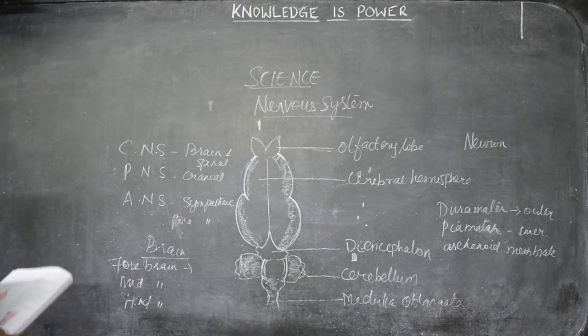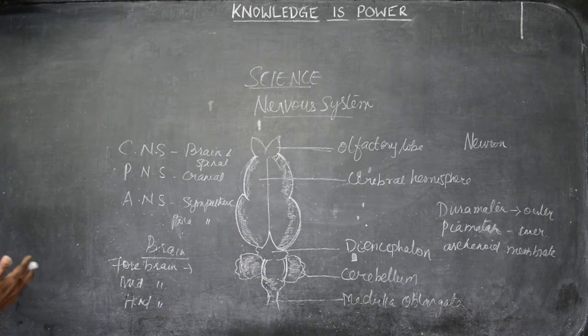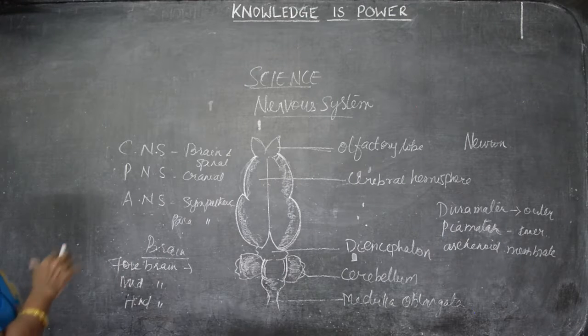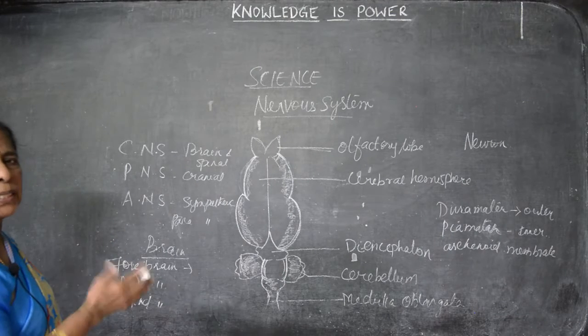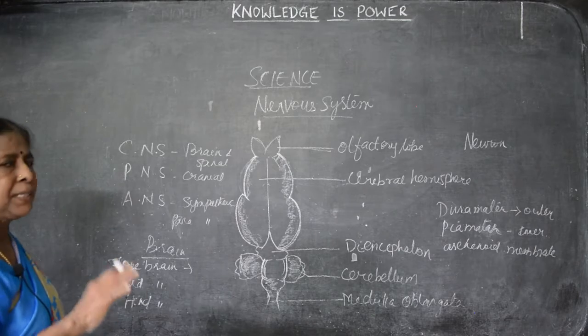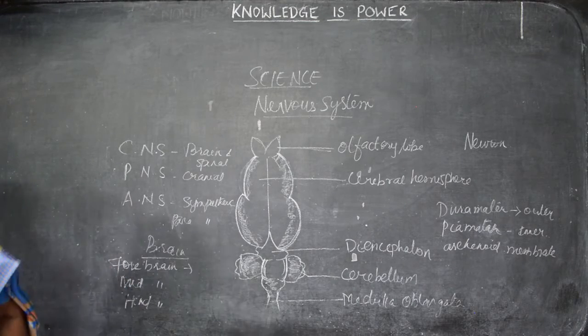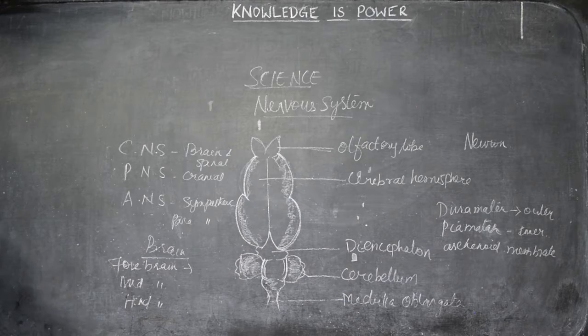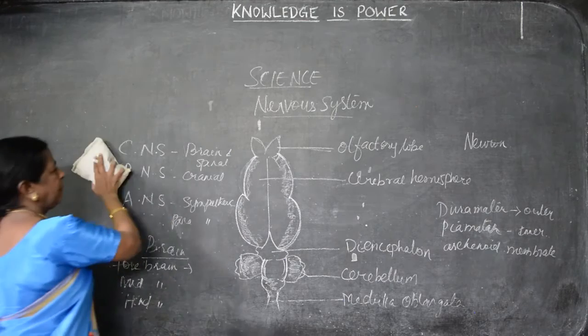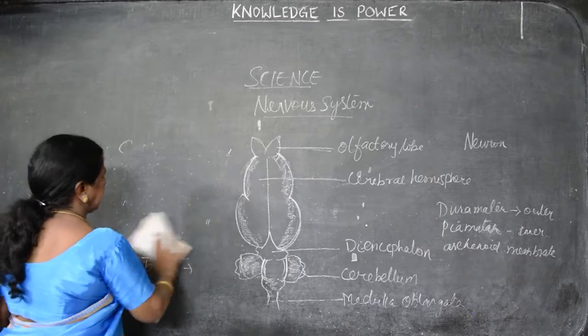Clear? So next we have to see reproductive system. The reproductive system and excretory system both are connected in rabbit. So together it is known as urinogenital system. Let us see now. Next we have to say urinogenital system.